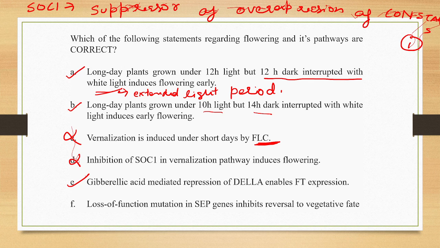So therefore it becomes wrong, because this is a big statement you are giving, that if there is a loss of function mutation, then it will go to the reversal of the vegetative fate. No, only the floral identity would be compromised. It will not reverse to the vegetative fate. Fine. Okay, so now we'll go to the next question.